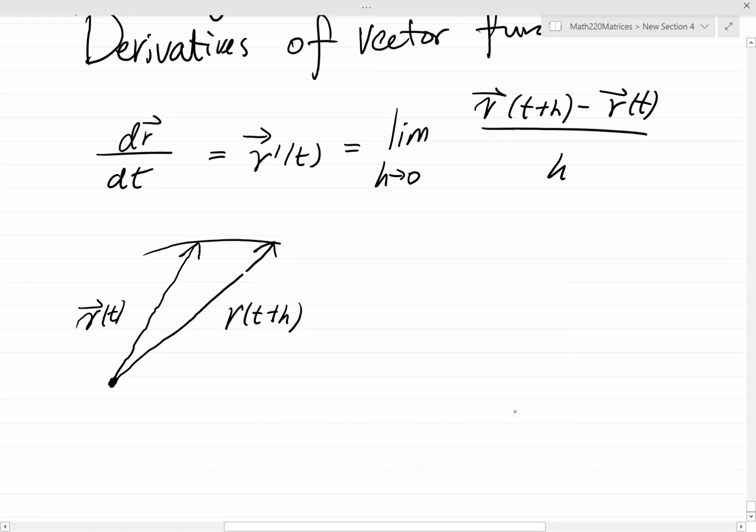You see the difference in red. As h goes to 0, r(t) and r(t plus h) get really close, and then we get the tangent vector. So the derivative is the tangent vector, in the tangent direction.